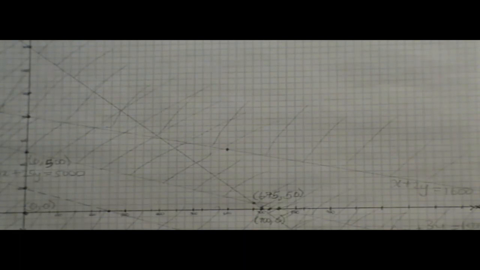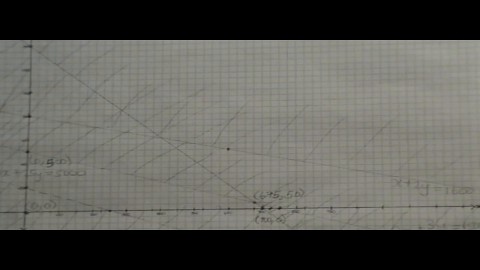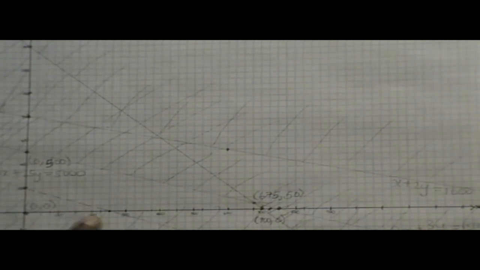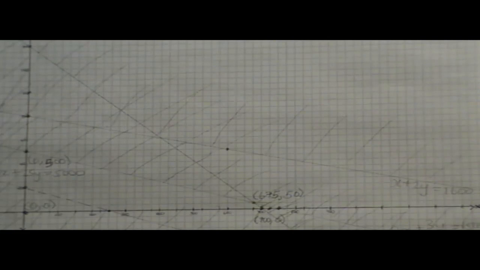Now, why did I draw this one? What I do is I take my ruler and I move it like that. What you will notice is if I drew a family of parallel lines that are parallel to this one, one of them will pass through my maximum, or what I want to maximize.